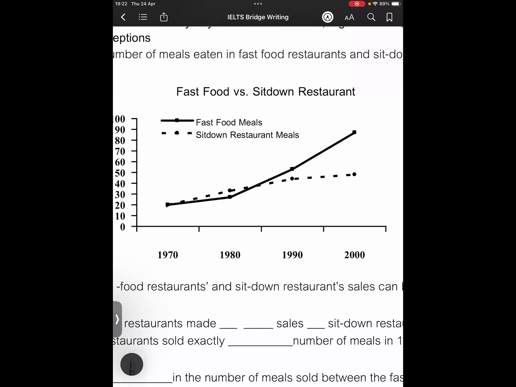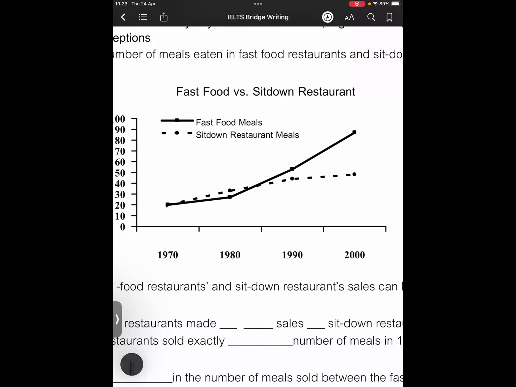Okay, but a different story can be seen in fast food meals, because between 1970 and 1980, it has a weak slope.